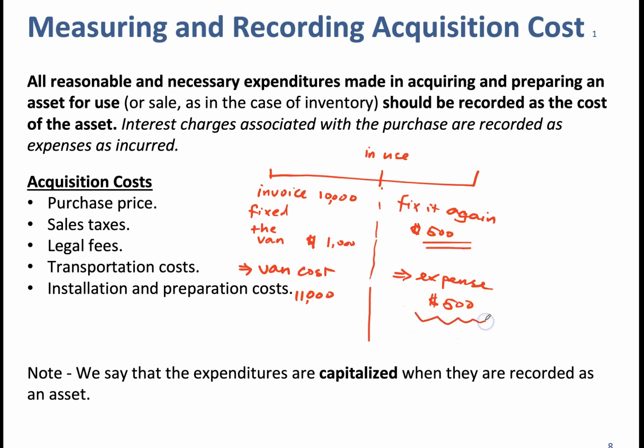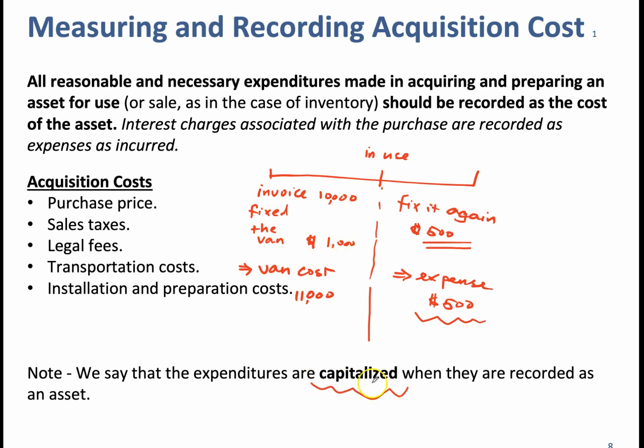Now remember the matching principle. Because you have already put the van into use, anything that happens after it's in use, which means you started to generate revenue, any cost related to that needs to be recorded as an expense. Now, this is an important difference in accounting because the first fixing cost, $1,000, happened before the van is in use, and would be what we call capitalized.